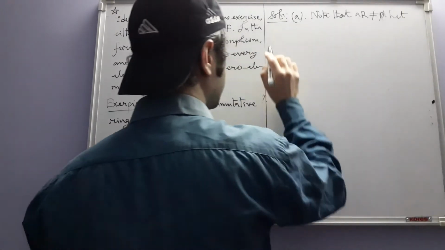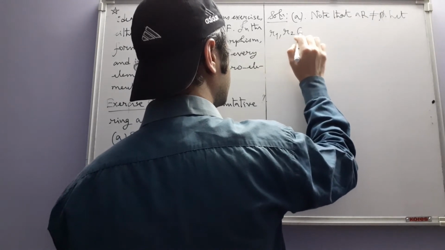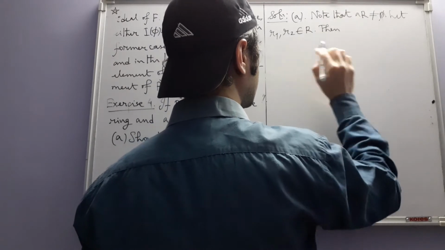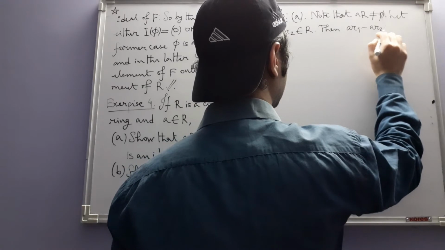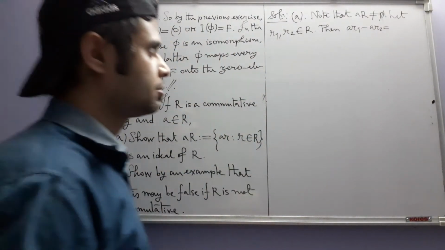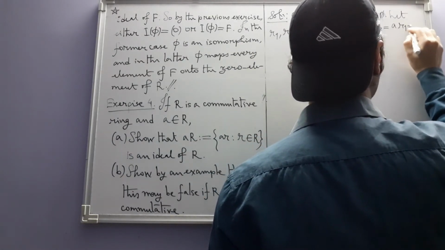Now let R1 and R2 be two ring elements. Then AR1 minus AR2 is equal to, according to calculations in ring, A times (R1 minus R2).